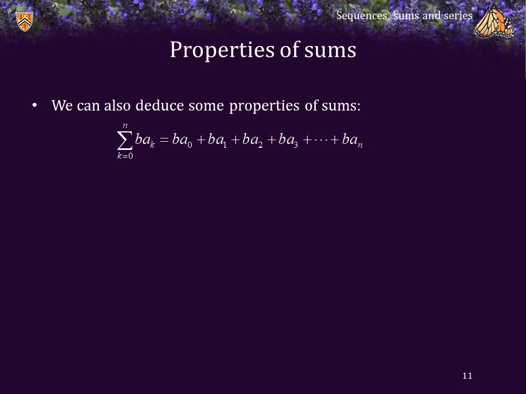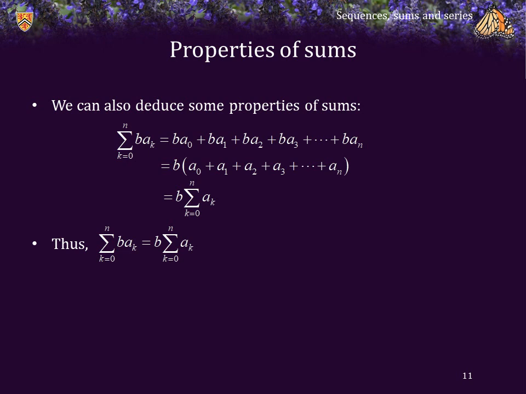Now, in this long sum ending at b times a sub n, there's a common factor of b. So could we not factor that out? And so is this not equal to b times the sum of a sub k going from 0 to n? Yes, it is.